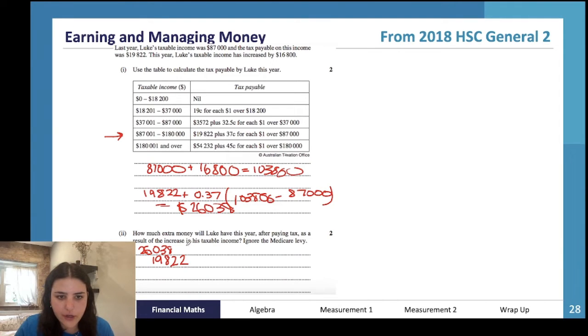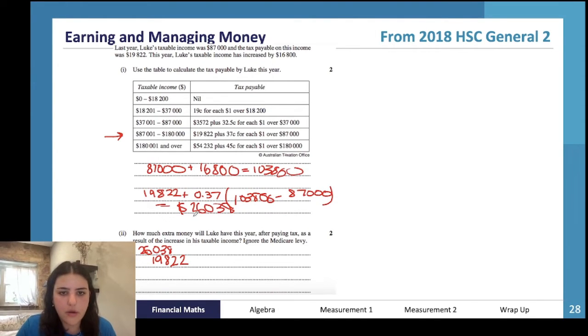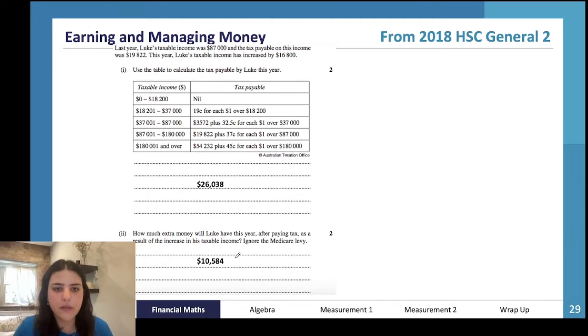So if we go paying tax as a result of the increase in his taxable income, so we want to add that to his new income, so 103,800. So you'll see here that once we've subtracted our payable tax, then we've added that back on. So 103,800, we minus the tax we're actually paying, 26,038.